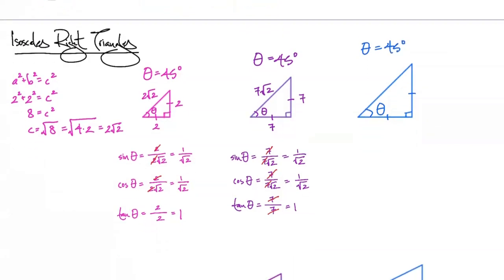So I'm not going to tell you how long the sides are in this triangle. But I want you to tell me what sine, cosine, and tangent are. So I claim that you already know based on what we have here.